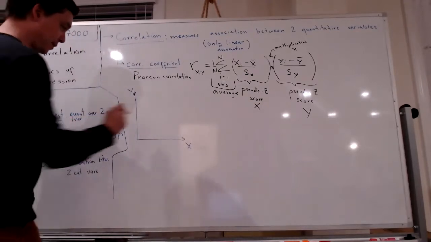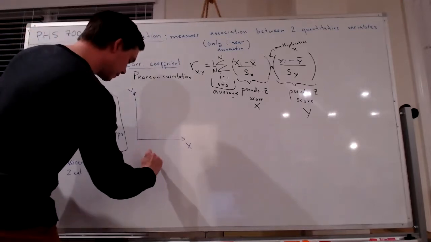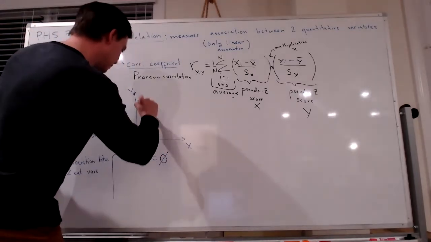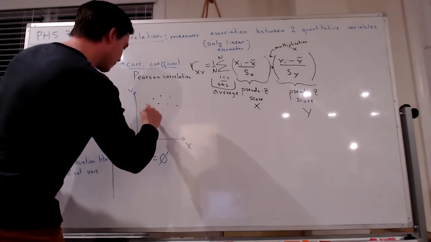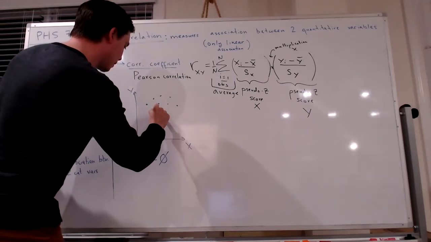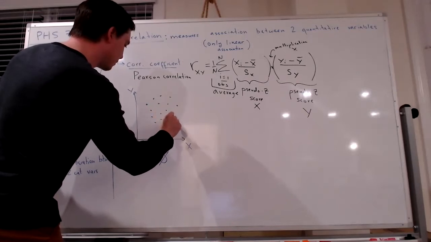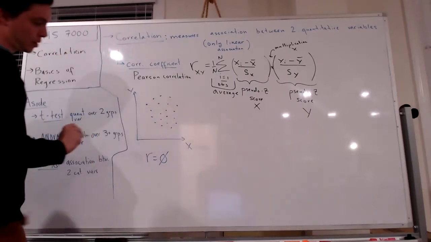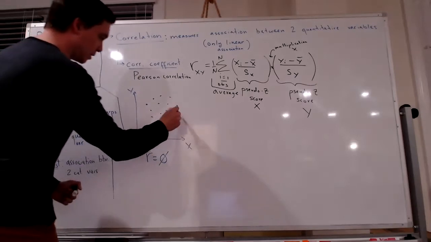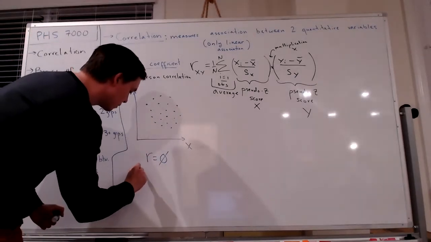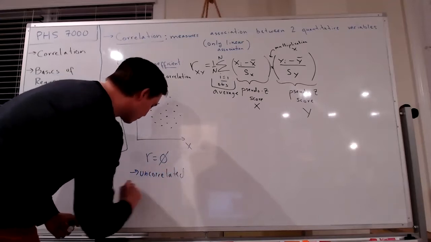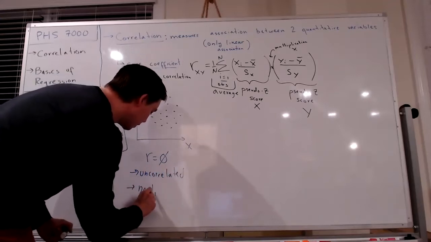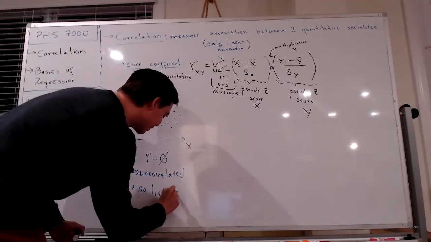Because this is an example of 0 correlation. Uncorrelated. No linear association.